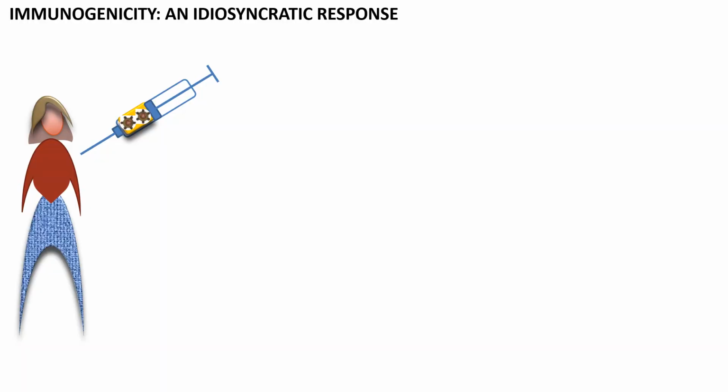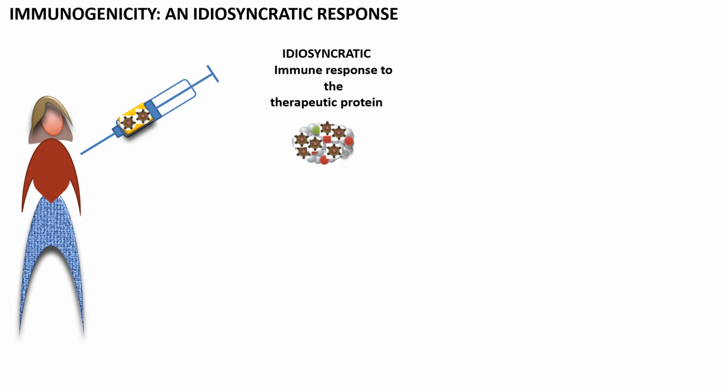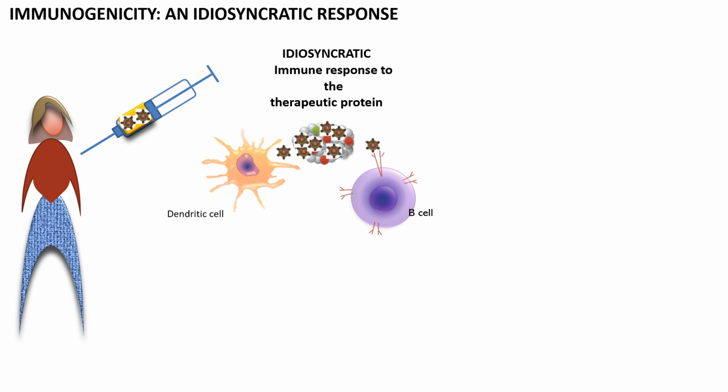Immunogenicity is an idiosyncratic response to a drug. That's a therapeutic protein. What happens is that the particular drug will be perceived as a danger signal by the B cell or the dendritic cell. Both of them are antigen-presenting cells.